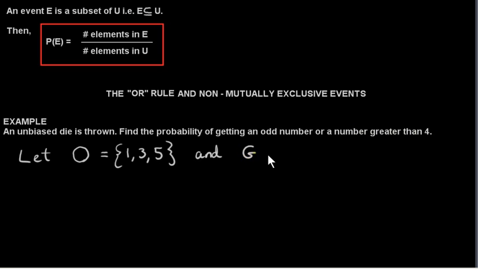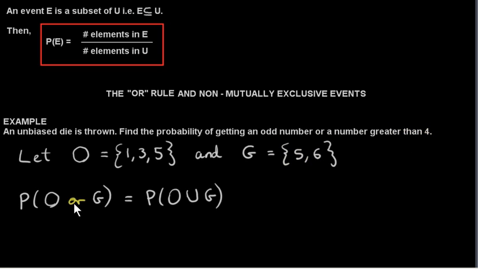As a set, G must consist of the elements 5 or 6, because 5 and 6 are greater than 4. Now we're getting the probability of one event or another event. So the rule is we get the probability of the union of the two events.